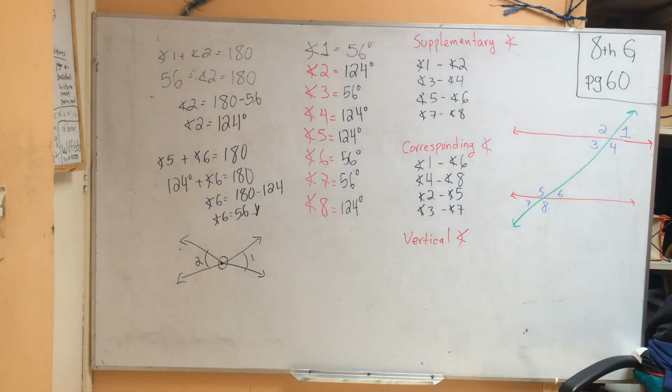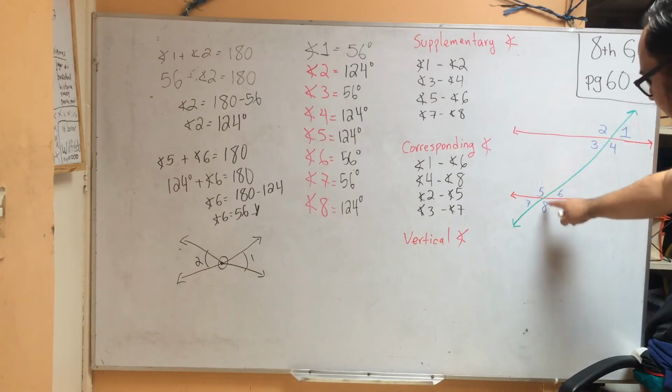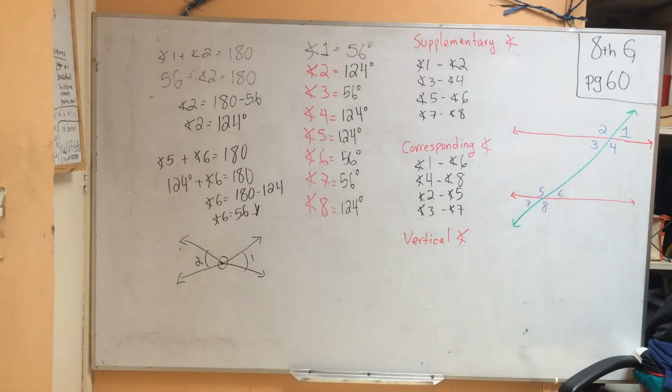So, from this diagram, which are vertical angles? 1 and 3, 2 and 4, because they share this vertex, 7 and 6, they share this vertex, and 5 and 8, because they share that vertex.